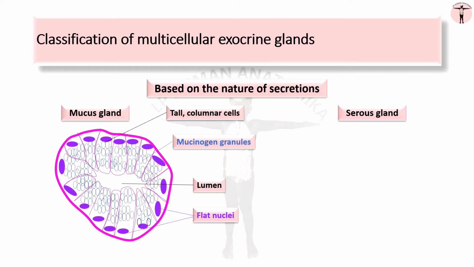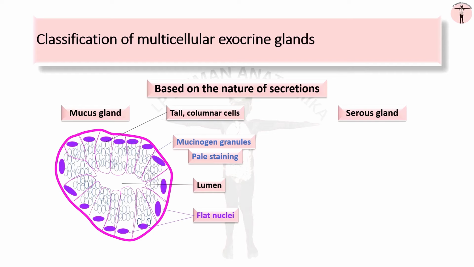In histology, slides stained with hematoxylin and eosin stain, the secretion within the mucus cells remains unstained or pale stained, so that cytoplasm is colorless after staining and they have an empty look appearance. This is because during the preparation of the slides, the mucinogen granules are washed off.